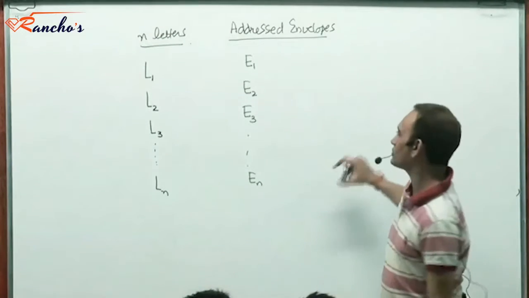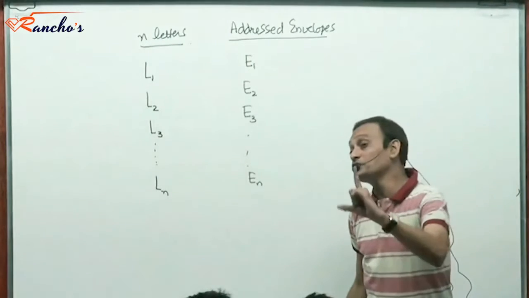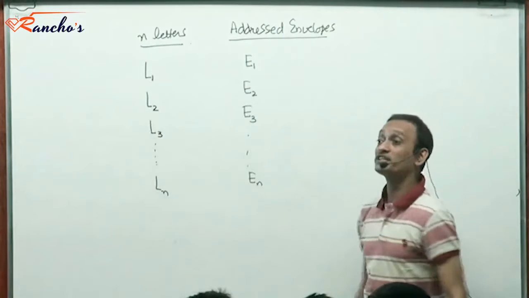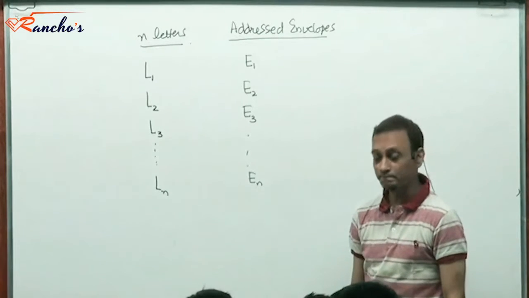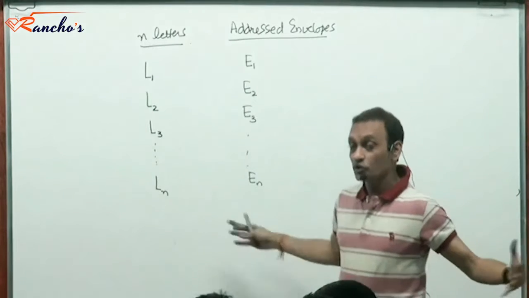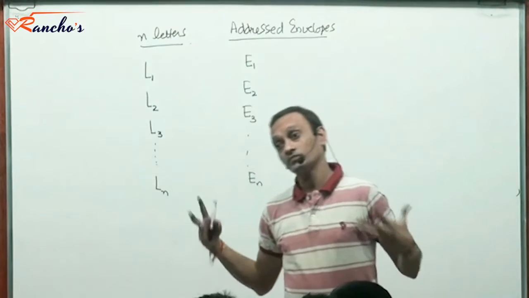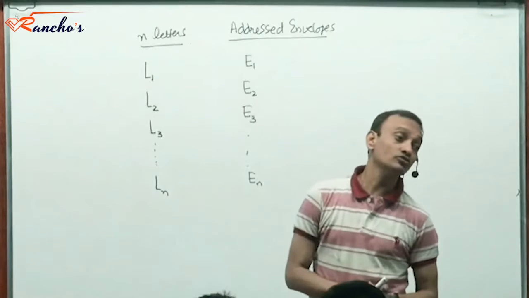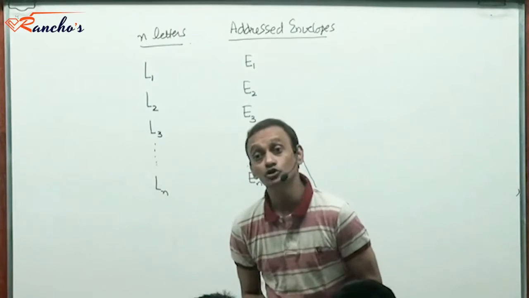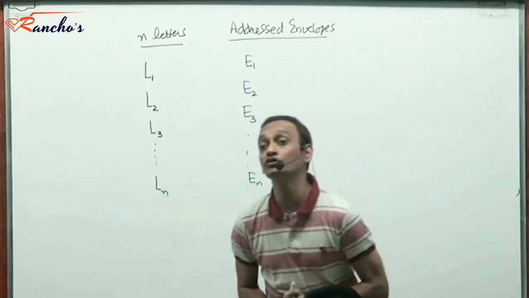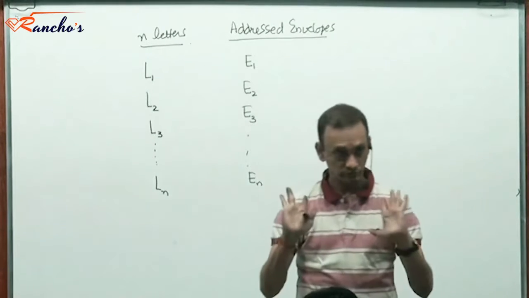So I want no letter to get into the right or designated envelope, right? And it's a sophisticated problem of mathematics, but we need to figure out in how many ways we can do that. In how many ways we can have no letter going into the right envelope. Okay.